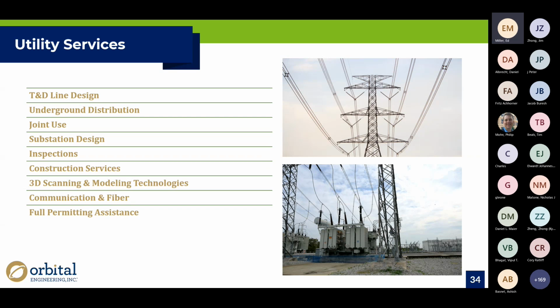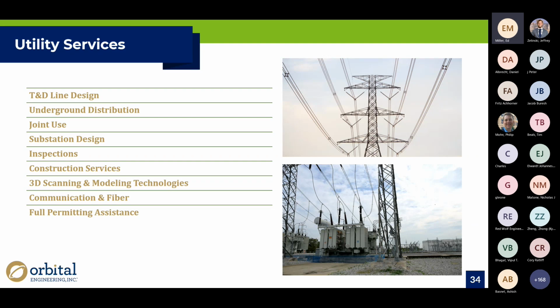And then just a quick highlight on utility services. Orbital Engineering's energy transmission and distribution clients rely on our services to provide efficient and cost-effective solutions for a wide range of services. We're currently operating in transmission and distribution line design and underground distribution design.